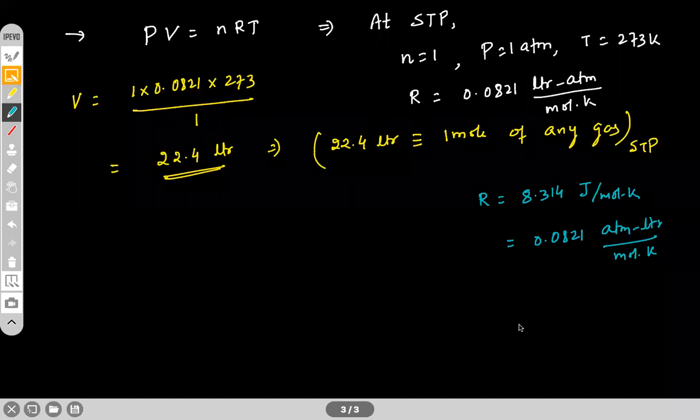When you derive this, you'll find that for a given number of moles, the PV divided by T term is directly proportional to the amount of gas which is present.